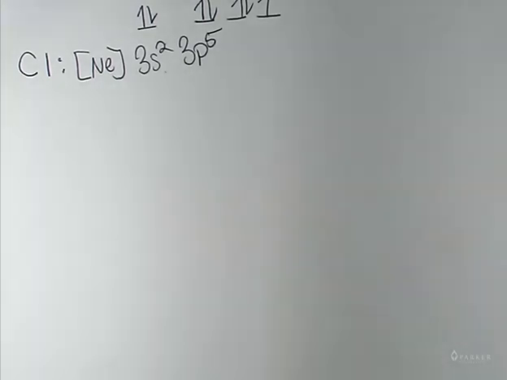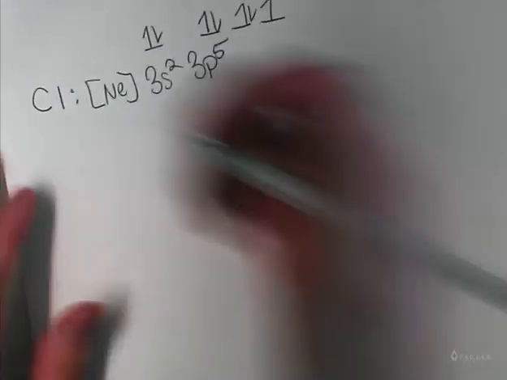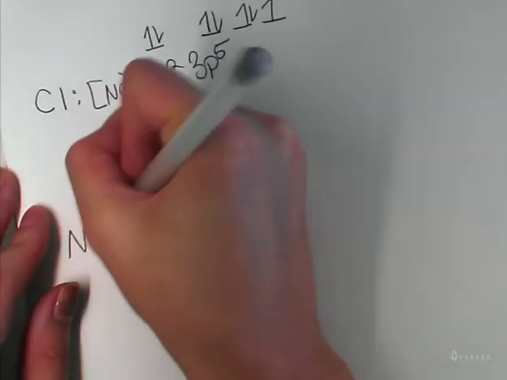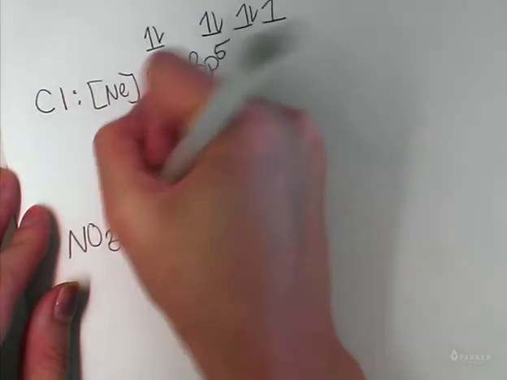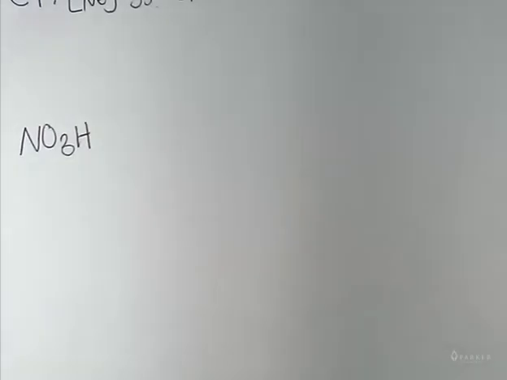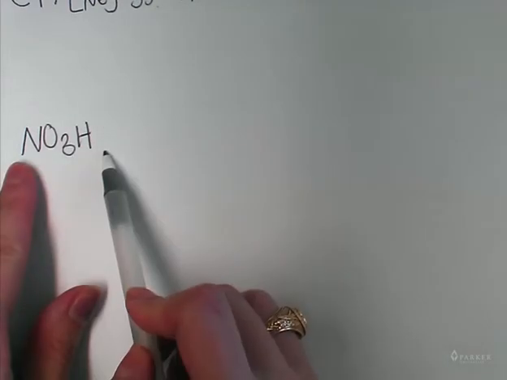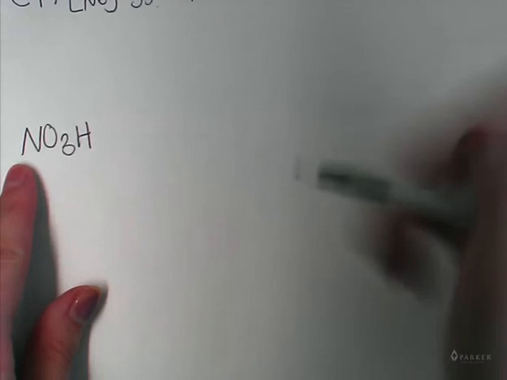Okay, then we also looked at Lewis dot structures. So if we practice, let's do this first one, NO3H. So this is actually showing you bonding. So this is sort of our first bonding representation. So which atom out of all of these will be our central atom? Nitrogen.